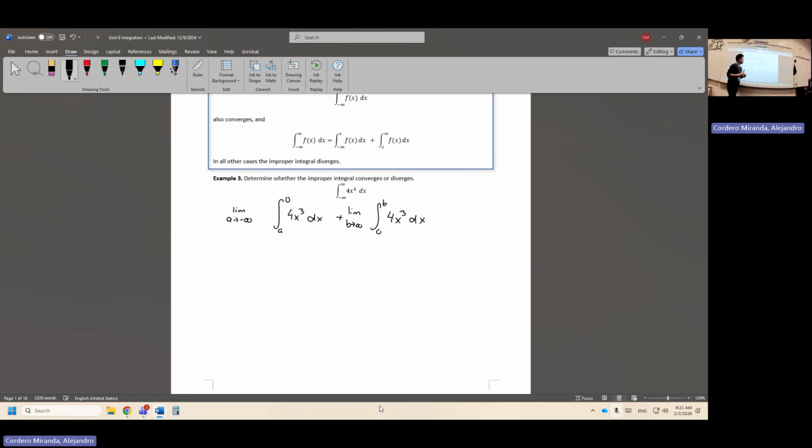We got a lot of problems to get through. But the in-between step I was going to write is that that's the same thing as splitting it from negative infinity to 0, 4x cubed dx, plus from 0 to infinity, 4x cubed dx.